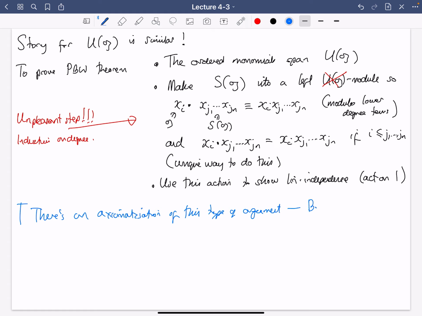And this is called Bergman's diamond lemma. If you've never come across that, it's well worth looking up.